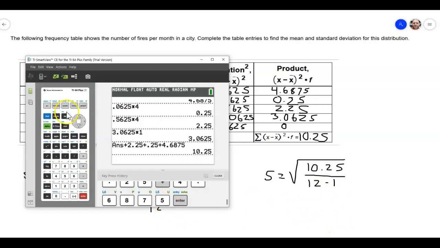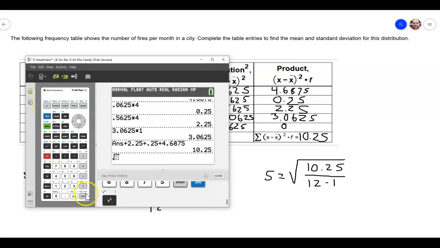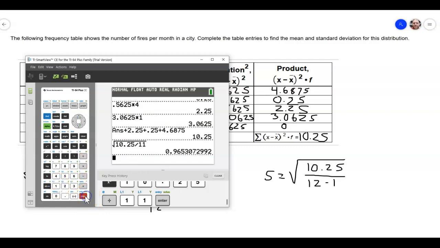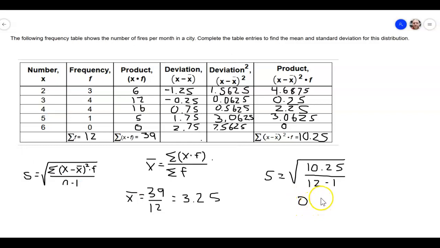So when I put this in my calculator, I'm going to do the second square root of 10.25 divided by 11. And we'll go out 3 decimal places here just to be on the safe side. 0.965. That would be my standard deviation.